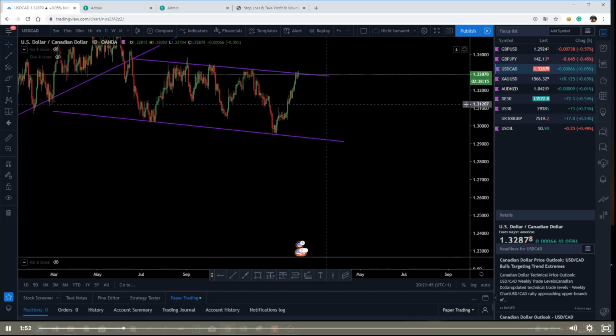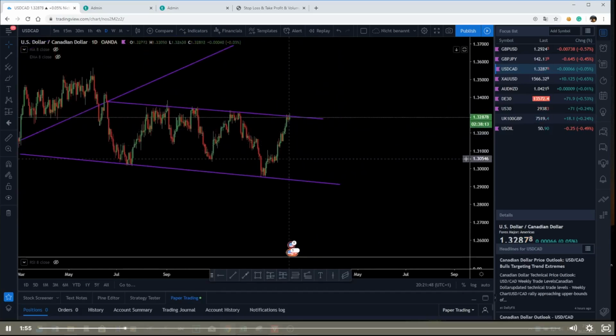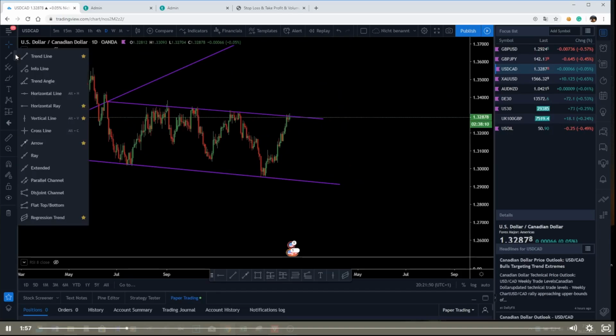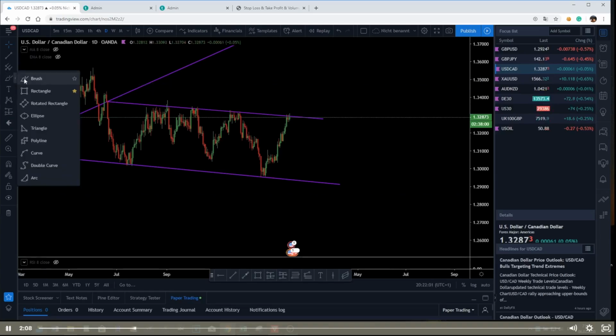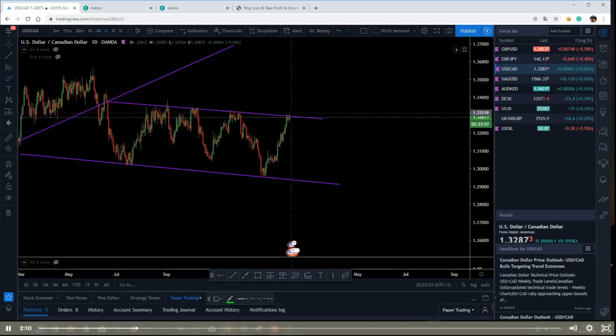So what are we waiting for? Well, market can do a few things. Let me show you. How can I draw on these? Drawing mode. Brush. Okay, cool. Now we have two options. The market can go up or down.